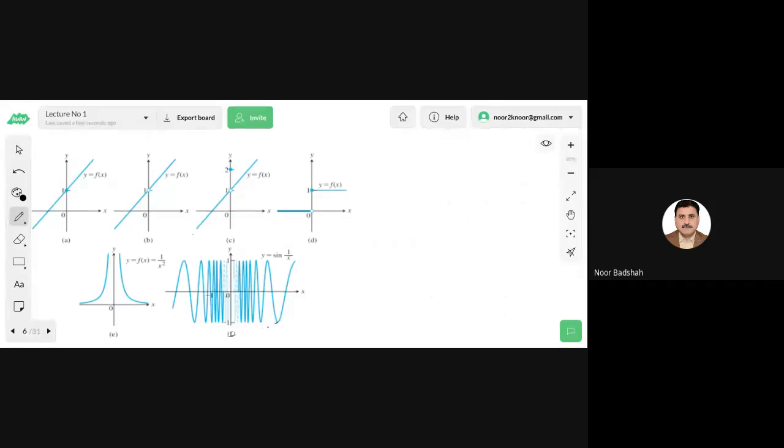In this case, we say the limit as x goes to 0 of sine 1 over x doesn't exist from either side, left side and right side. We don't see any number where this graph will approach. As you go close to 0, the function will be oscillating between -1 and 1. So we say this limit doesn't exist.